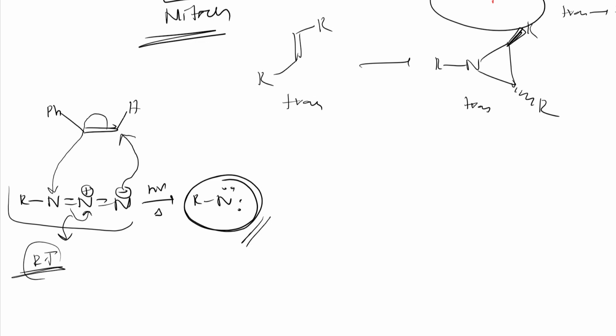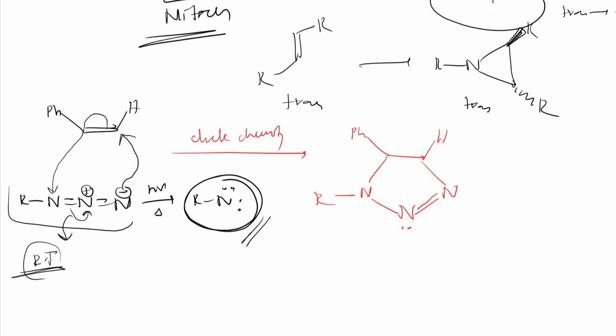So I'll get this product, see here, Ph. Now everything single bond, hydrogen, and here single bond nitrogen, here it is attached to R and it is attached to nitrogen, right? So here the double bond is there, it became neutral by getting its lone pair, right? So this is nothing but simple click chemistry.